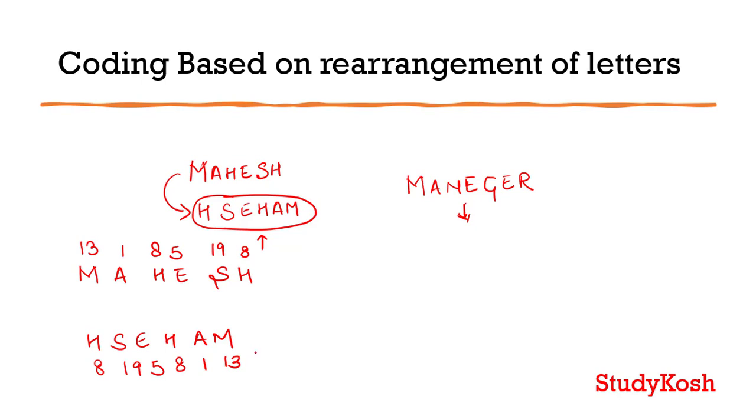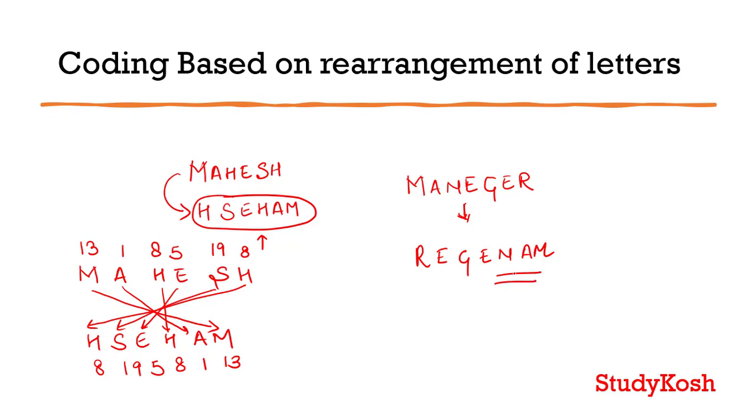So if we see carefully, this M is placed here, then A, then H, then E, then S, then H. So it is just written in the reverse order. Similarly, we can write this word by using the same concept. So here we'll just reverse the letters like R, E, G, E, N, A, M.